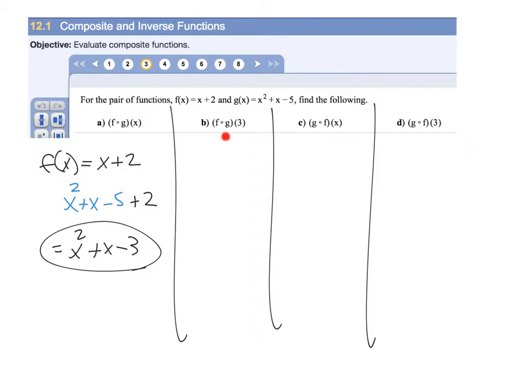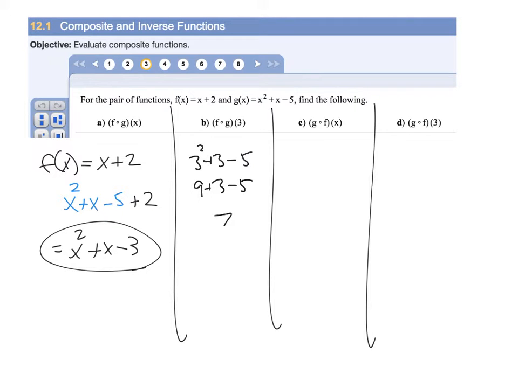For B, we're going to take 3, stick it in g. Okay, so take 3, stick it in g. So that gives us 3 squared plus 3 minus 5. That's 9 plus 3 minus 5, which is 12, minus 5, which is 7.